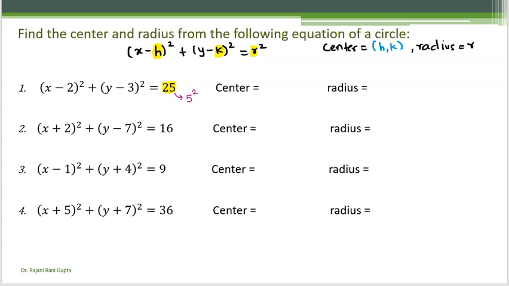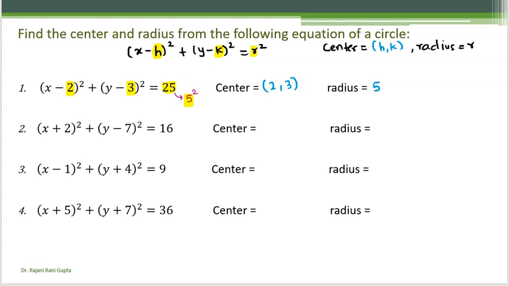Now finding the center: since both the signs are negative, the numbers 2 and 3 will be the center and the radius is 5. So the center is (2, 3) and the radius is 5.